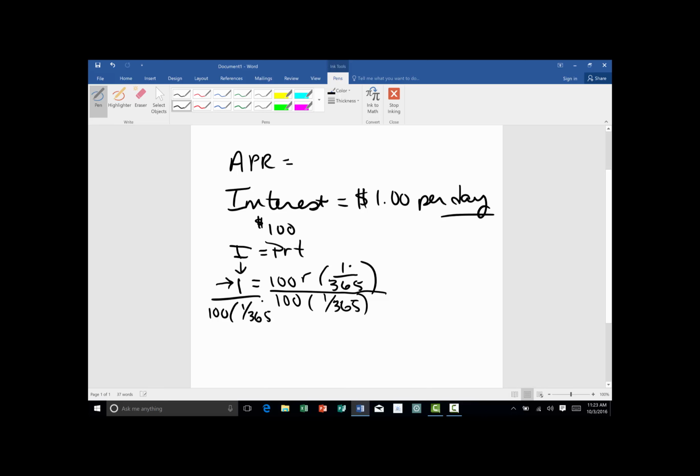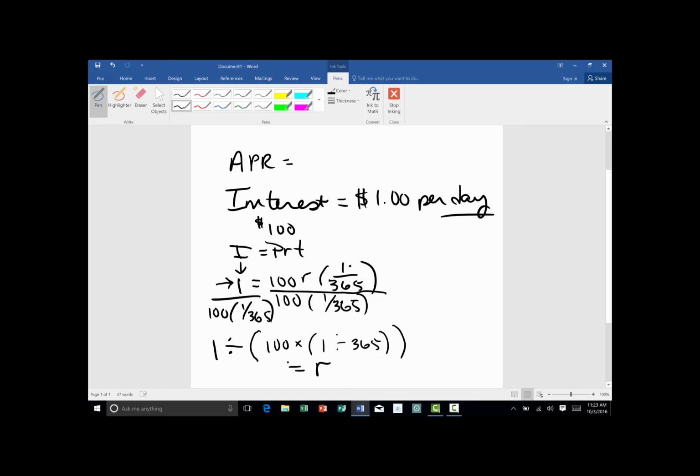So you're going to take your calculator and you're going to need to make sure that you punch this in correctly. You're going to punch in 1 divided by, and then you're going to do parentheses 100 times another parentheses 1 divided by 365. And you're going to close that parentheses and close the other set of parentheses. And when you do that, you're going to get what R is equal to.